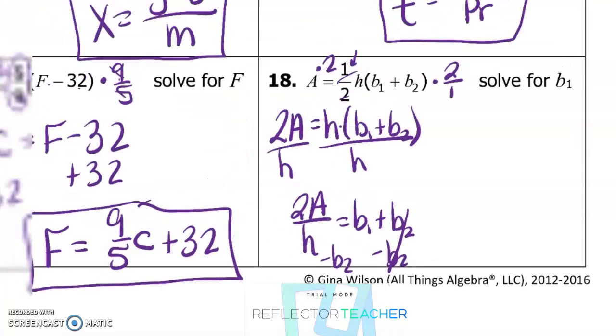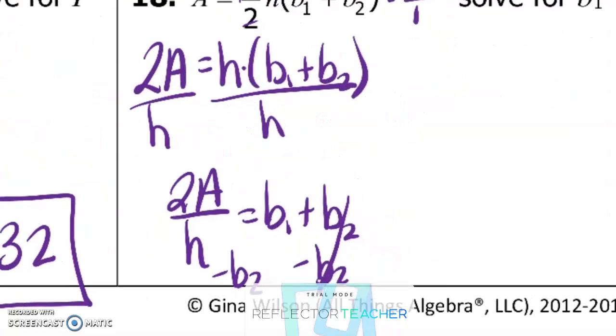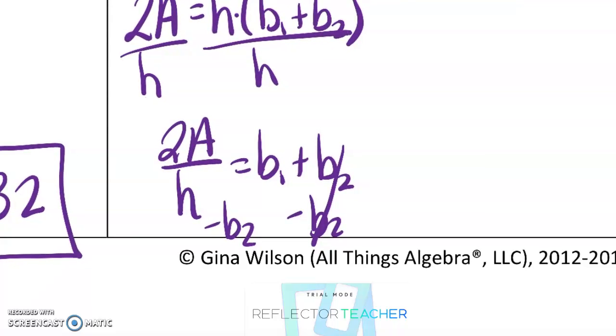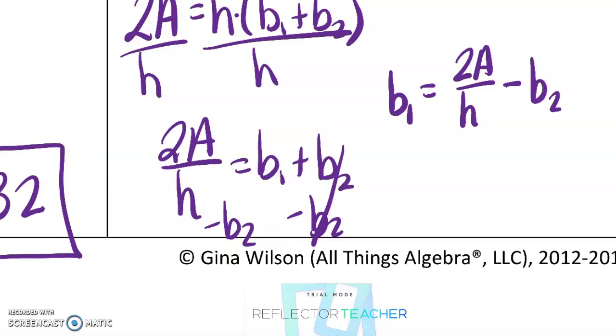And you do need to be really careful about how you rewrite this. b1 equals 2a over h. Notice the minus sign needs to go right in between those two, b2. Don't put the minus down with the h. It's a separate thing all on its own.